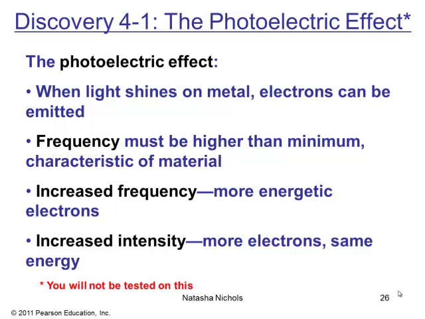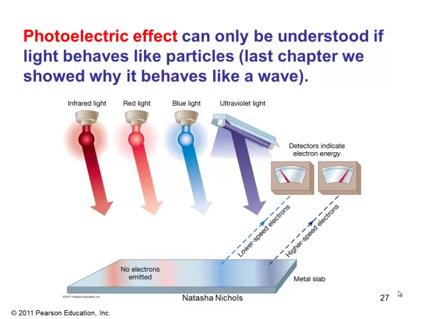So you don't get electrons with higher energy, but you get more electrons with the same energy. And here's a representation right here. And the only way to truly understand the photoelectric effect is if you understand that light behaves like particles.